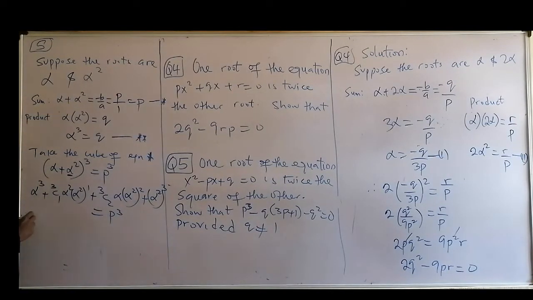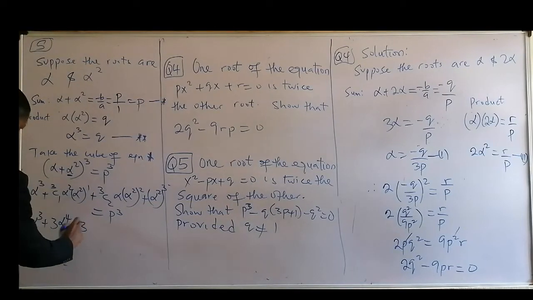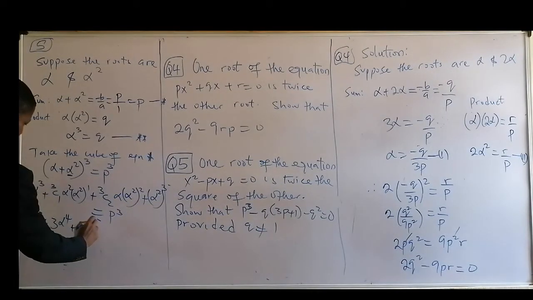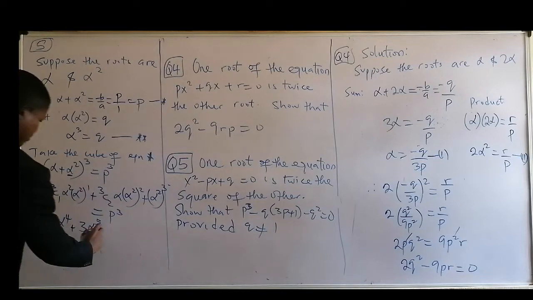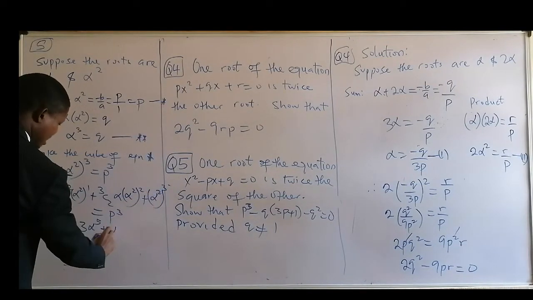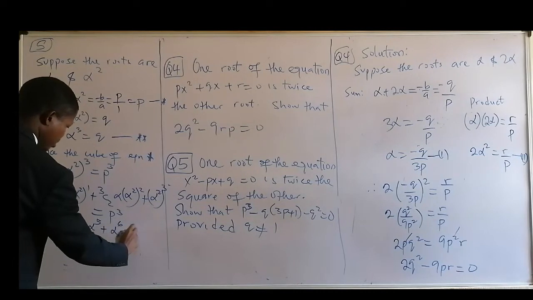So that will be alpha cubed plus 3 combination 1 is 3, alpha square times alpha square, that's alpha power 4. Then 3 combination 2 is also 3, this is 2 times 2, alpha 4, and this one alpha to the power 5. Then plus 2 times 3, that's 6, alpha 6, equal to p cubed.